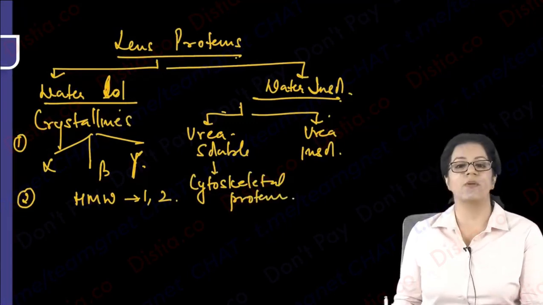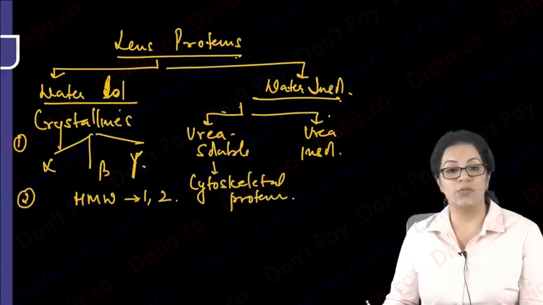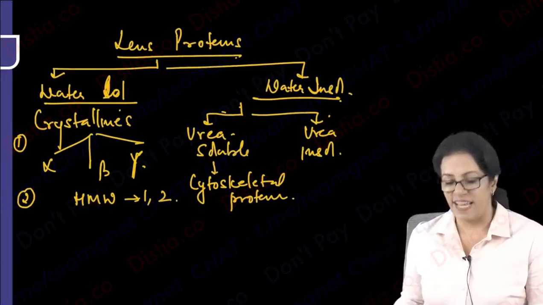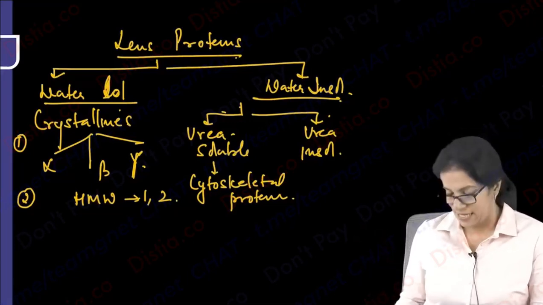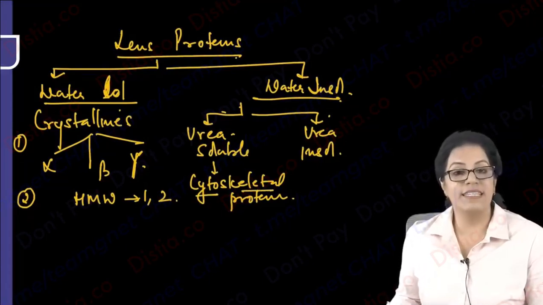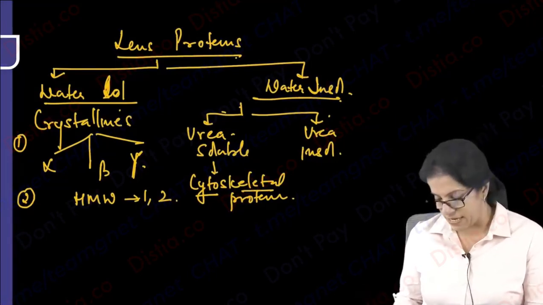There's a list of cytoskeletal proteins. We don't need to know it. In so many years of my teaching, I haven't seen any single question. But yes, know this, that this is mainly present in the lens, and it is an insoluble protein. One name if you want to know is vimentin.